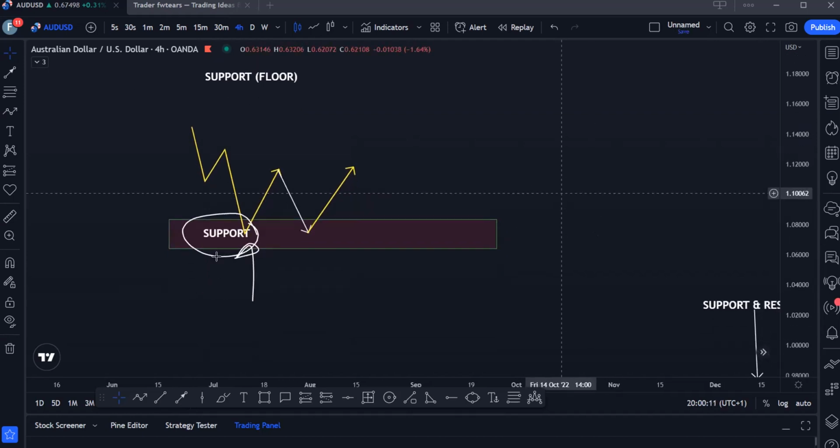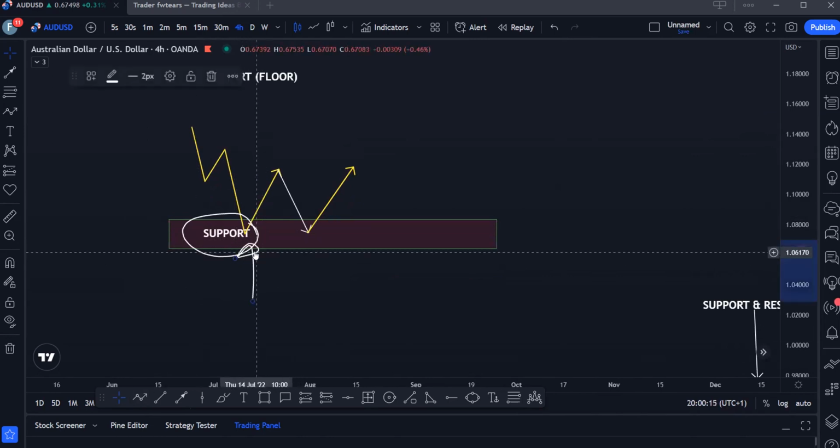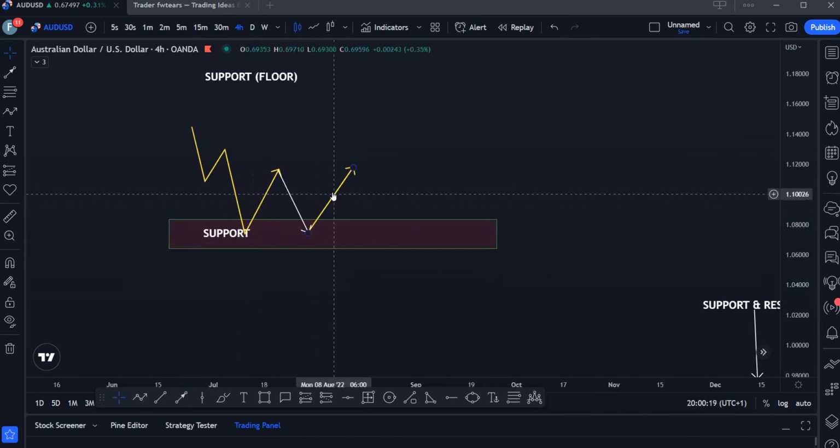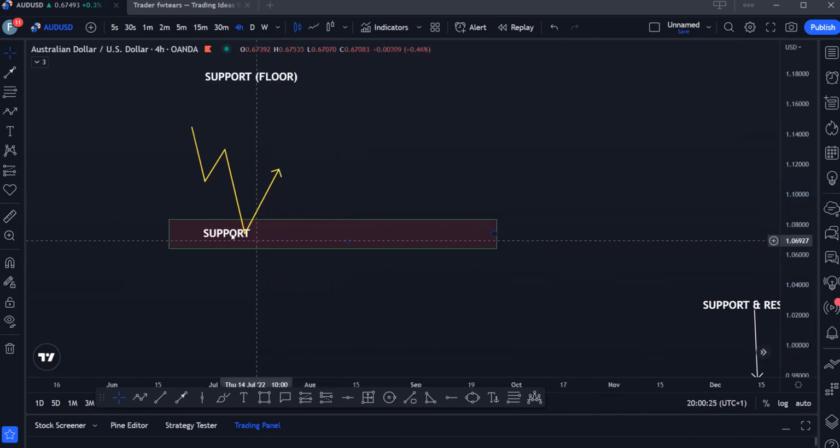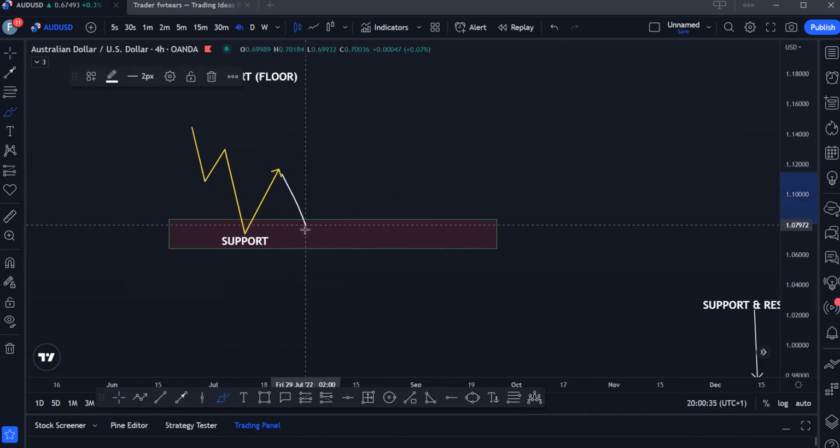Now let's go back to support and go a bit deeper. So price did this, and then you identified this zone as a support zone, such that you are anticipating that if price should come back into the zone, price might possibly go up again.